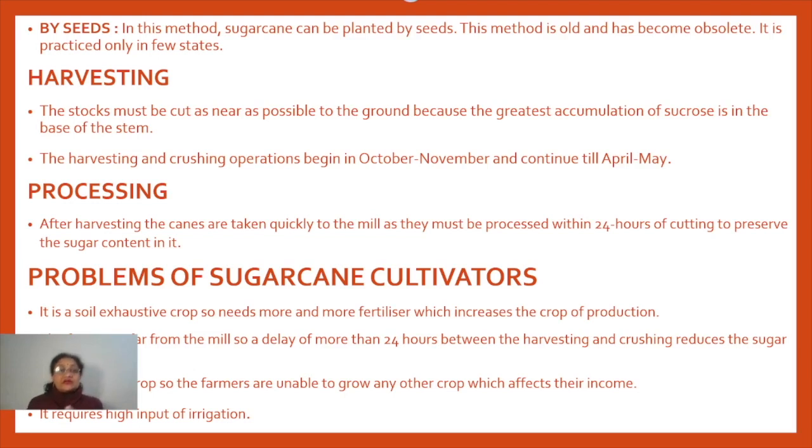Moreover, because of the favorable climate we have in the south, the crushing period also is longer as compared to the northern belt. So all these things help the farmers in the southern region a lot, and that is why sugarcane cultivation has started as an important cultivation in the southern parts.